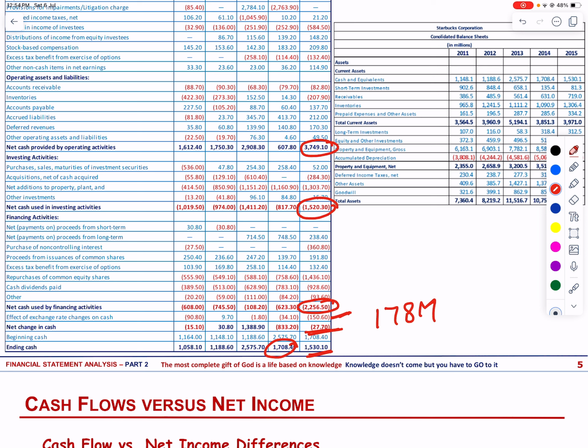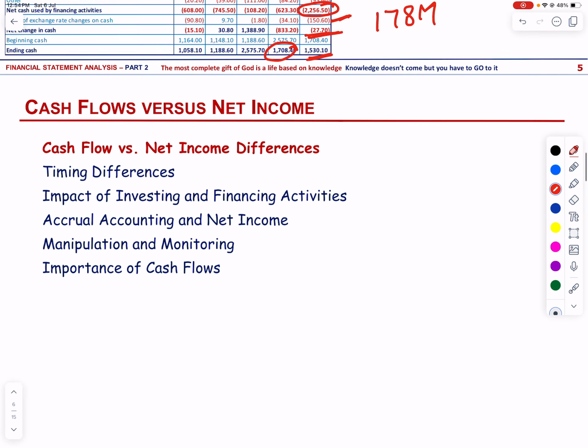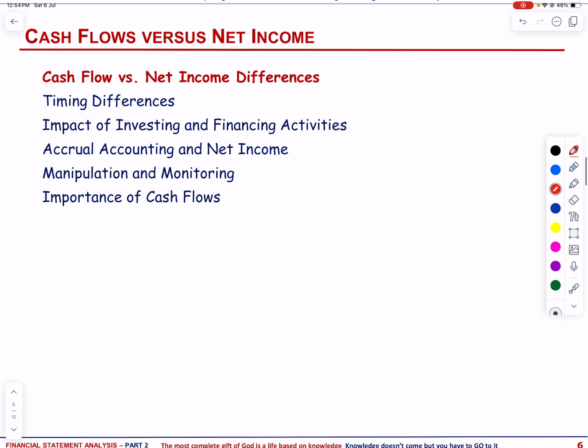Let us talk a bit about the difference between cash flow and net income. Now, cash flows from these activities differ from net income because of timing differences. You see, cash receipts and payments occur at different times than when revenues and expenses are recognized on the income statement.